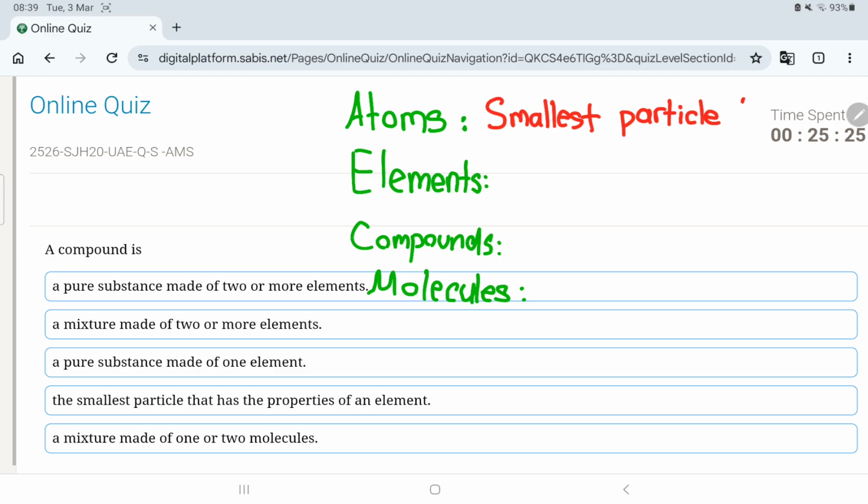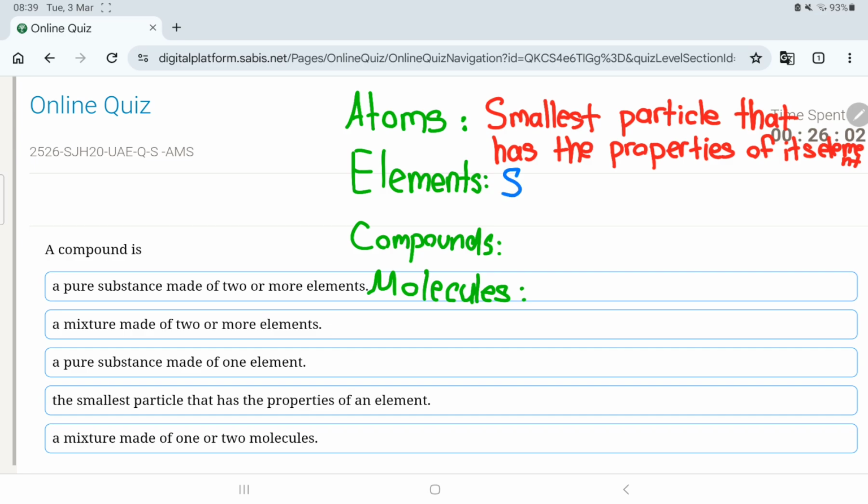I'm just going to write the smallest particle that has the properties of its element. Now, what is an element?